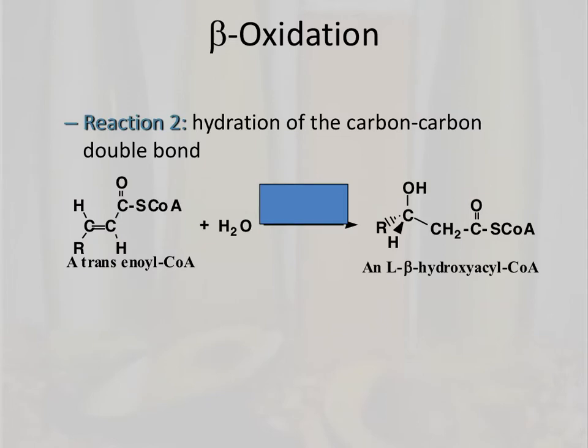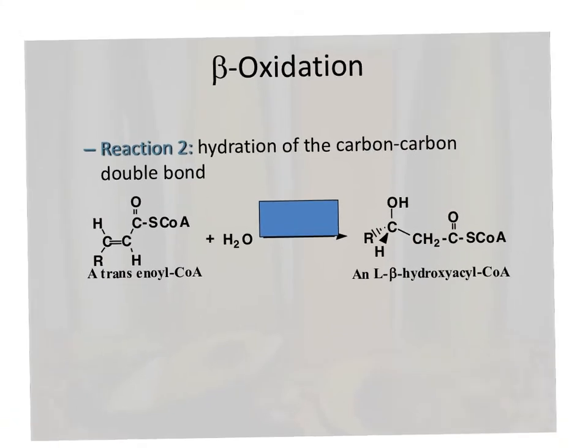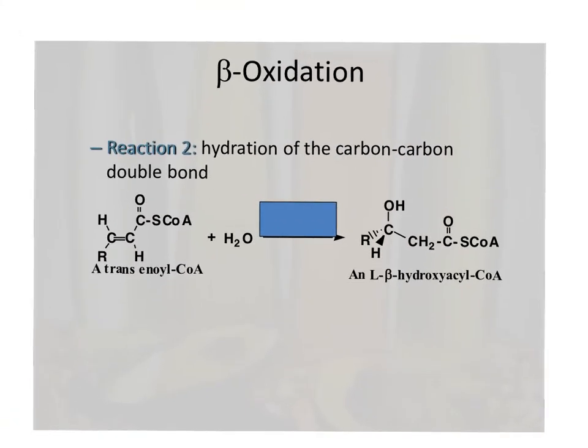So now we have reaction 2. Oh, sorry, I went too far. We have the trans-enoyl-CoA. We take the water, we smack it with the water to make the product. You remember this is a beta-hydroxy ester.